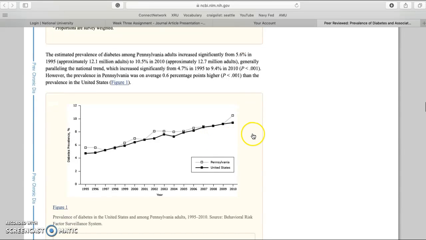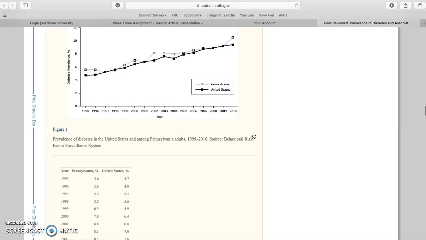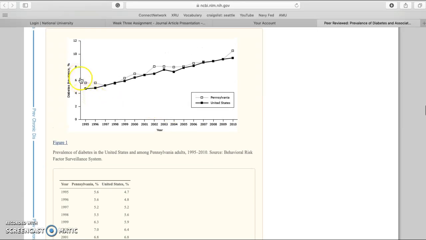And then if you keep scrolling down, there's more data as far as diabetes prevalence. And this is the state of Pennsylvania compared to the United States as a whole over the years, percentage wise.